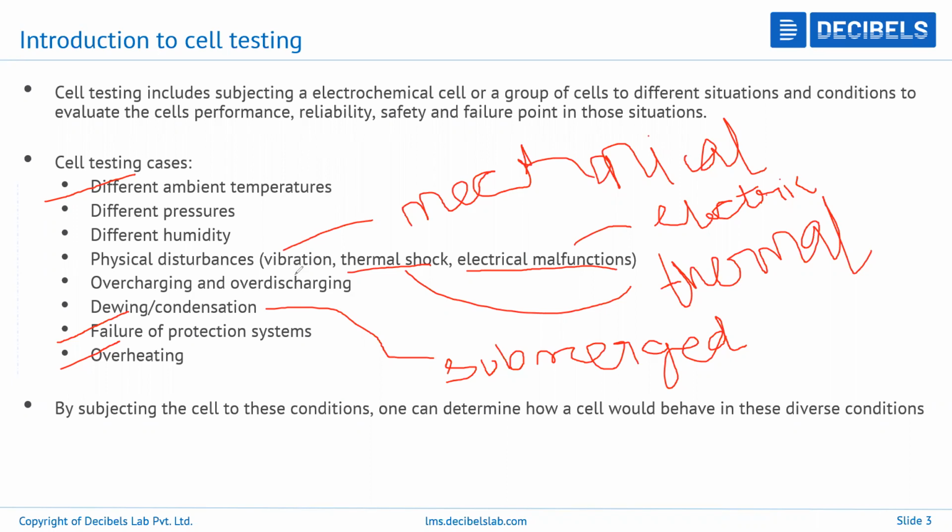So that is what cell testing is, where a particular cell, it does not matter exactly which cell it is, whether it's lithium ion, or lead acid, or any such cell, if it's subjected to all of these situations, then the battery designer or the engineer can have a clear picture as to how it would respond, right?